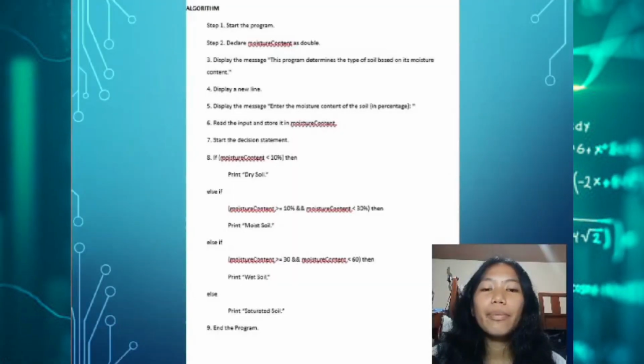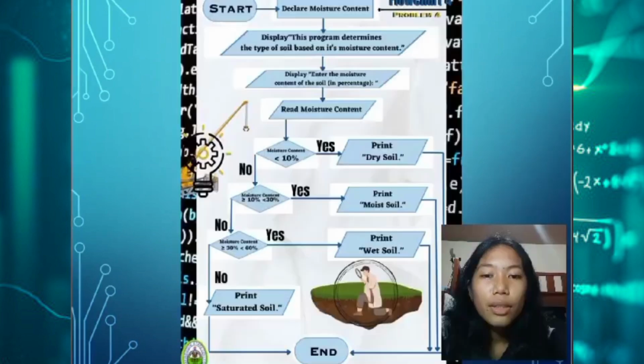For the fourth problem, we need to provide a program to determine the type of soil based on its moisture content. So here is the provided algorithm of our program, considering the flowchart next to it. This flowchart shows the flow of the program to be executed as code using the C++ language.